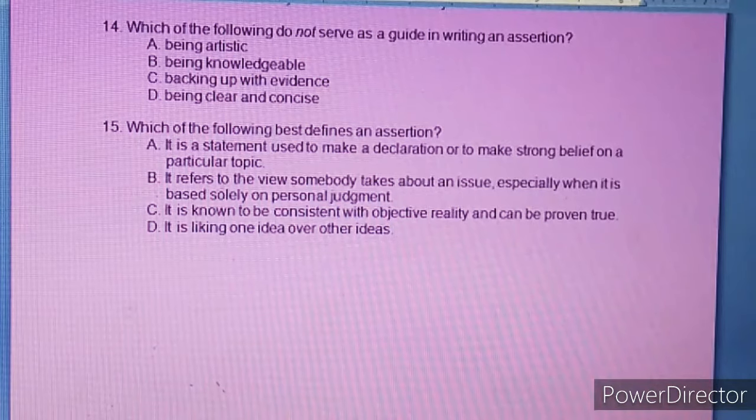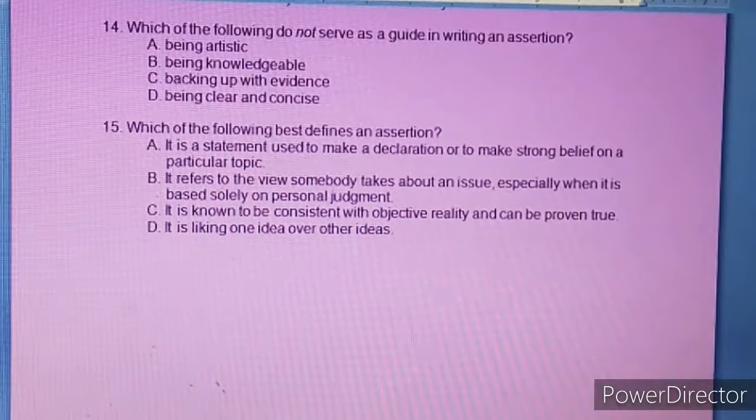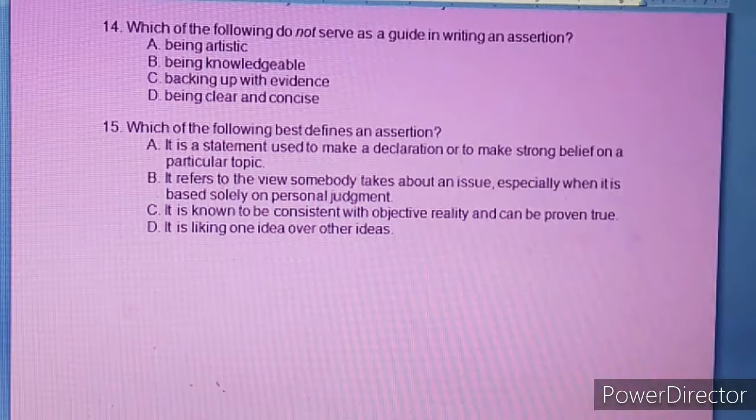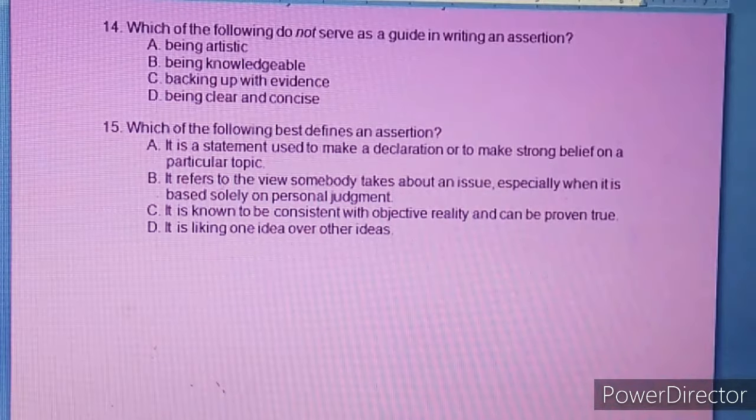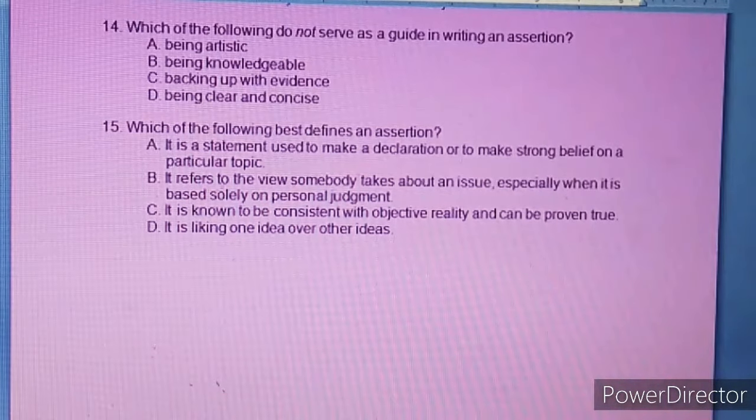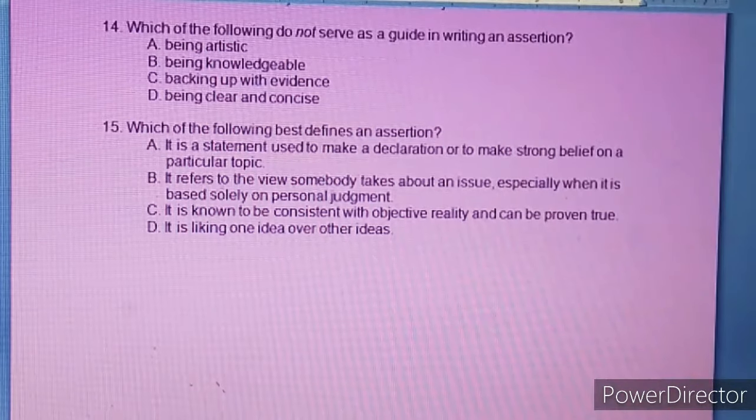B. It refers to the view somebody takes about an issue, especially when it is based solely on personal judgment. C. It is known to be consistent with objective reality and can be proven true. Or D. It is liking one idea over other ideas. The correct answer for number 15 is letter A.